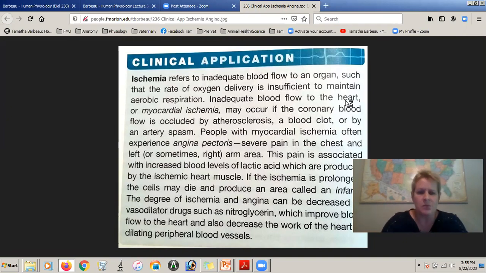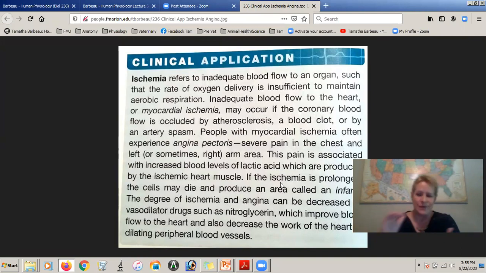So when your heart muscle doesn't have enough blood flow, it's called myocardial ischemia. Myo means muscle, cardio refers to cardiac. Literally, interruption of blood flow to the heart muscle, okay? If there's a blockage in a coronary artery or something like that. If the loss of blood flow is prolonged, part of the heart will die, and if it's bad enough, you can die from it, okay?